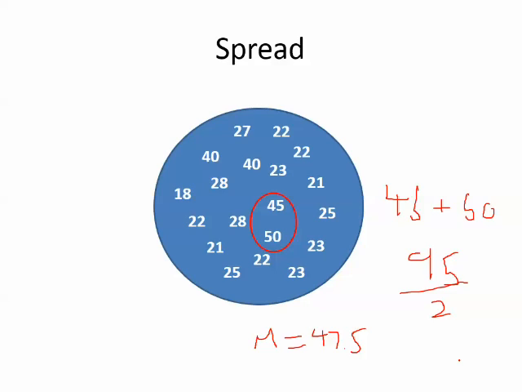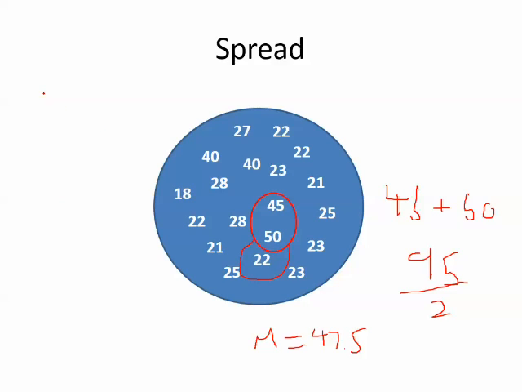Let's take this a step further. For example, let's say that instead of a sample size of 2, we had a sample size of 3. So let's include into this sample 22. Now remember, the mean of this distribution was 27, so this is slightly below the mean, but probably still within what we'd expect.